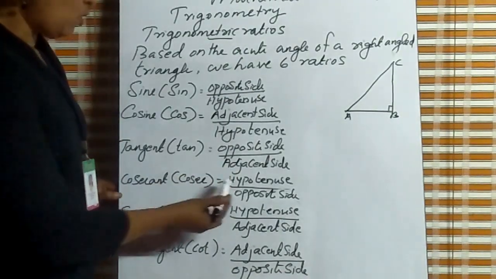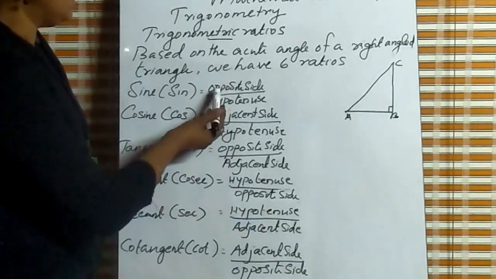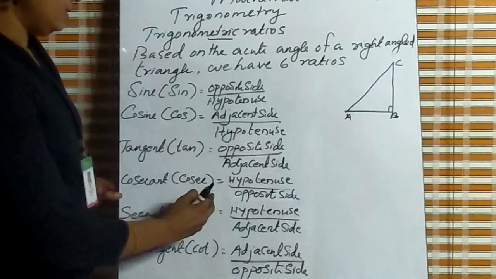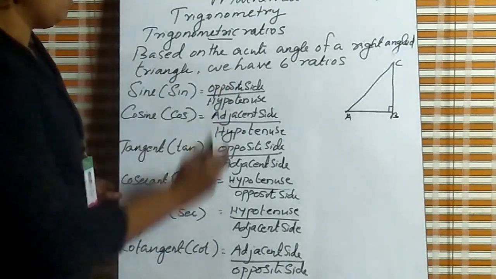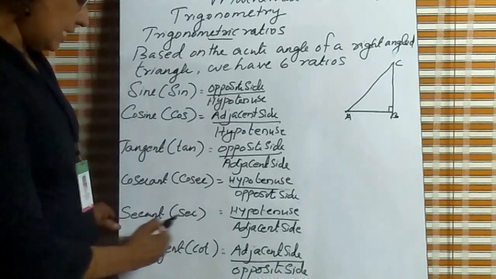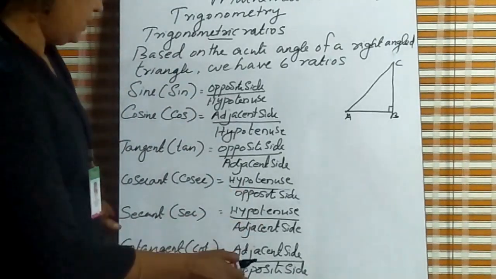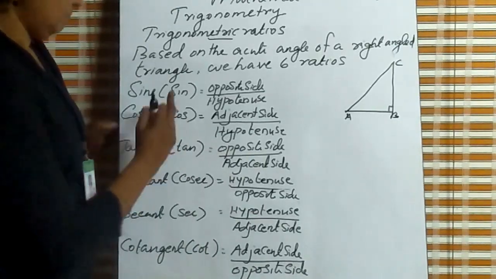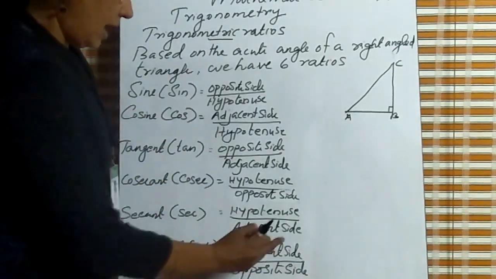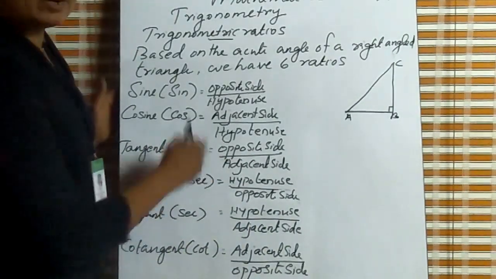Cosec of an angle is equal to hypotenuse by opposite side, the reciprocal of sin. Sec of an angle is equal to hypotenuse by adjacent, the reciprocal of cos, and cot of an angle is equal to adjacent side by opposite, the reciprocal of tan.